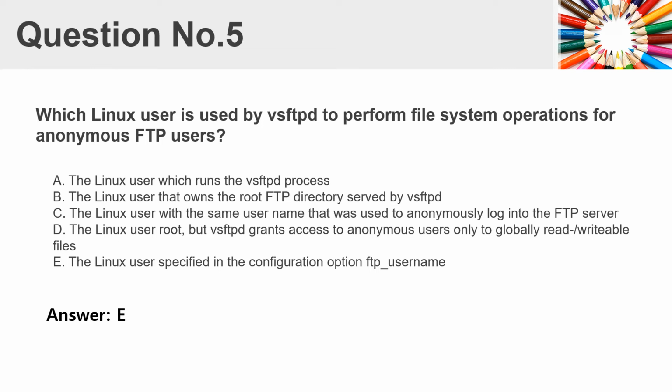C. The Linux user with the same username that was used to anonymously log into the FTP server. D. The Linux user root, but vsftpd grants access to anonymous users only to globally writable files. E. The Linux user specified in the configuration option ftp_username. Answer E.